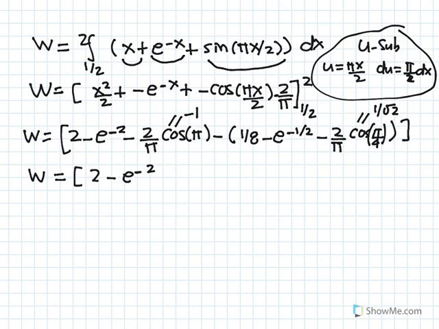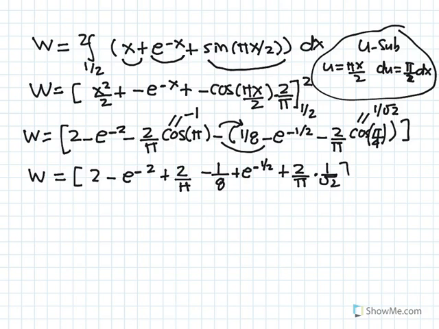Minus times minus is plus, so we get plus 2 over pi. Distributing the minus sign, we get minus 1 over 8. Minus times minus is plus, plus e to the negative 1/2. Plus 2 over pi times cosine of pi over 4, which is 1 over root 2. And the units are, of course, in joules. We're in the SI metric system.